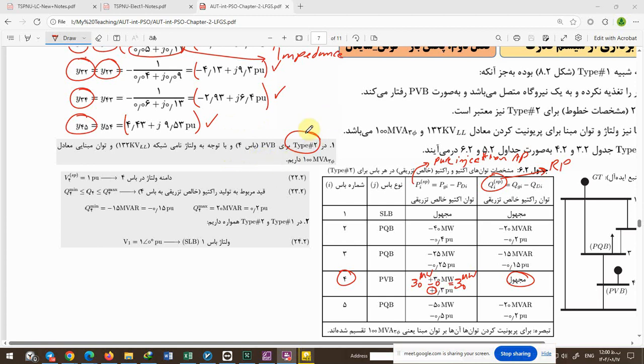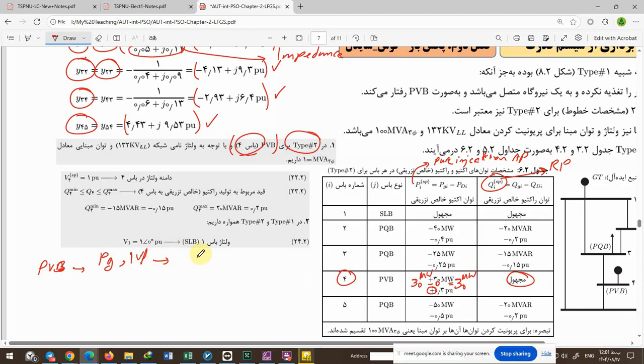The PV bus is bus number 4 here, and in a PV bus we have two determined parameters, P generation and the amount of voltage.